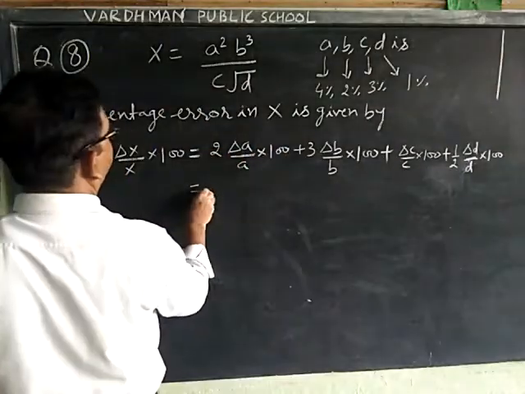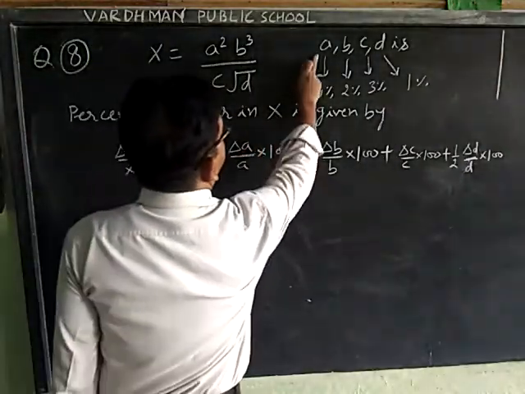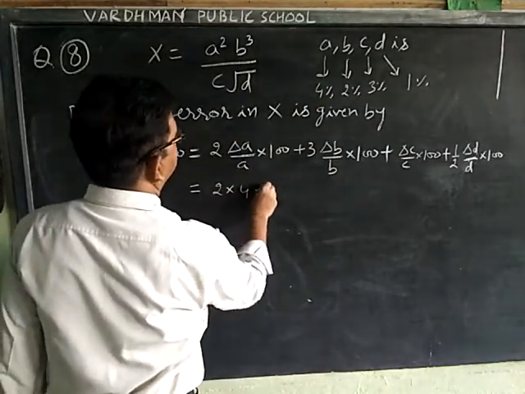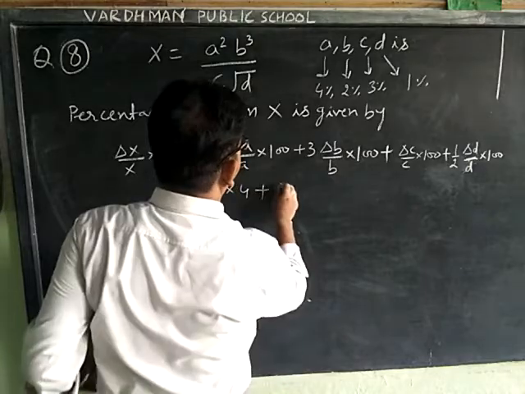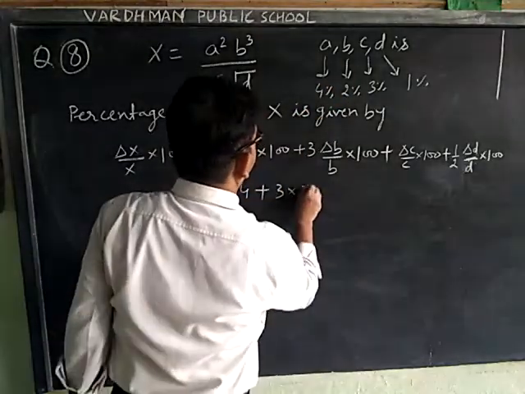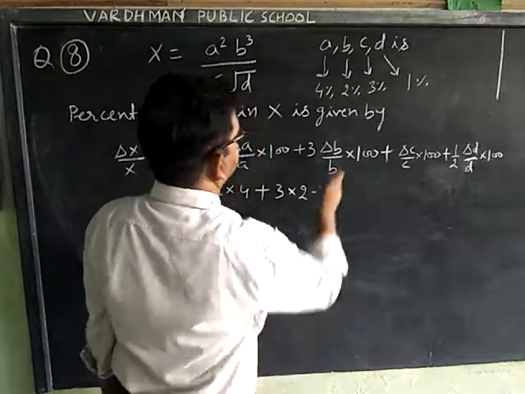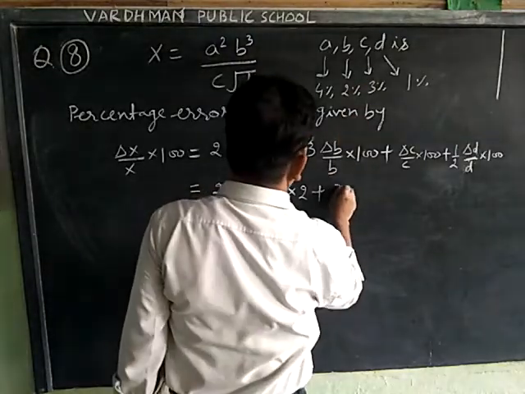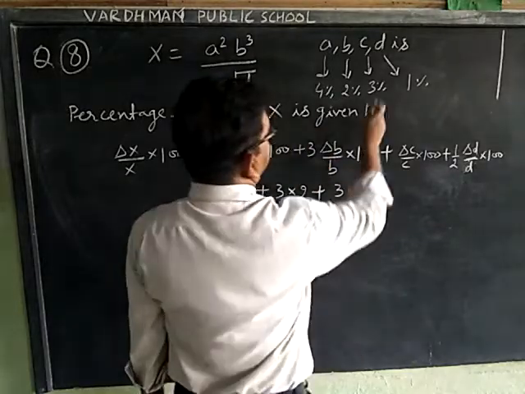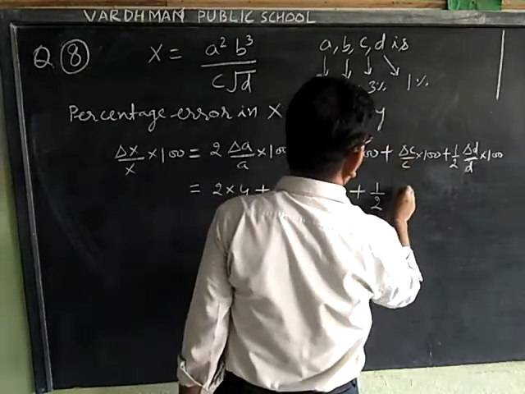Now percentage error in a is 4%, that is 2 into 4, plus 3 into percentage error in b which is 2, plus percentage error in c 3%, plus 1 upon 2 into percentage error in d which is 1%.